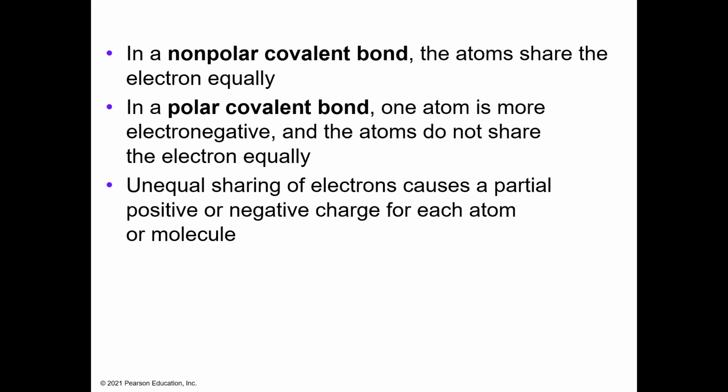It can be polar or nonpolar. In a nonpolar covalent bond, the atoms share the electron equally. There's an equal share of the electron. If it's a polar covalent bond, one atom is getting the electron for a little bit longer than the other atom.